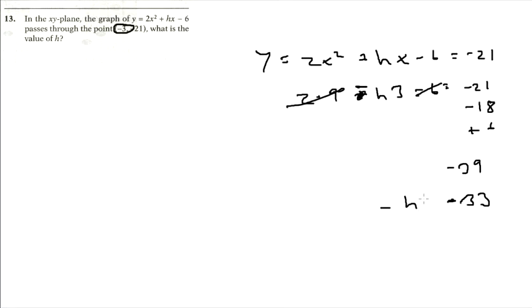Minus h3 equals that. We'll divide by minus 3 to get h equals 11. It goes to 11. If you haven't seen it, you should watch the movie Spinal Tap.